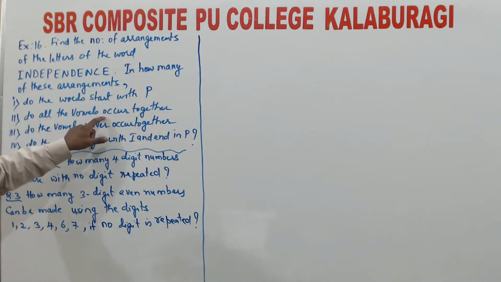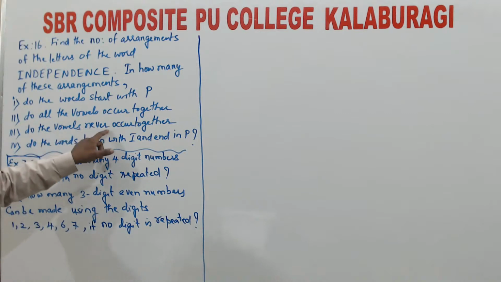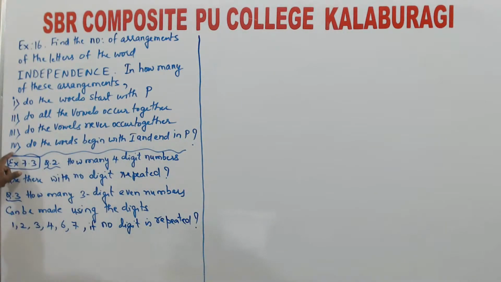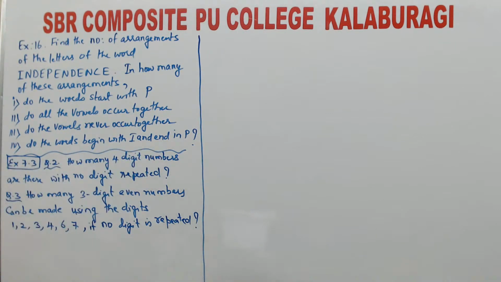Second, do all the vowels occur together? Third, do the vowels never occur together? Fourth, do the words begin with I and end in P? So this is the question, students.